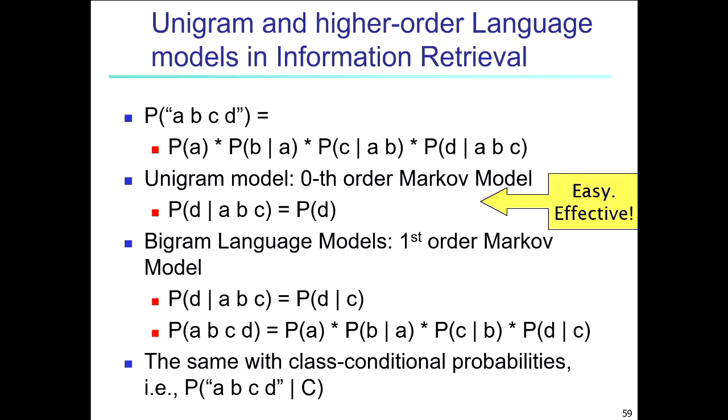But we can simplify this model by using the unigram model, also called zeroth order Markov model, where we assume that probability of D given ABC equals probability of D. Means the probability of D has nothing to do with ABC, or has nothing to do with the word before it or after it.